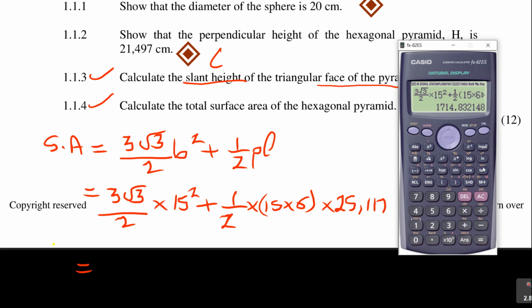I think that is equal to, if I didn't do it wrong, then you get an area of 1714,83.